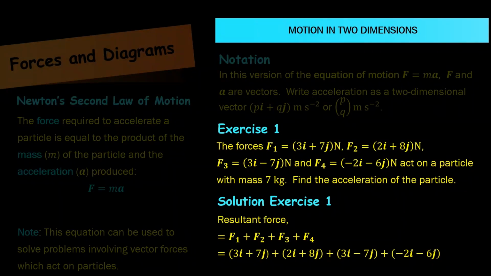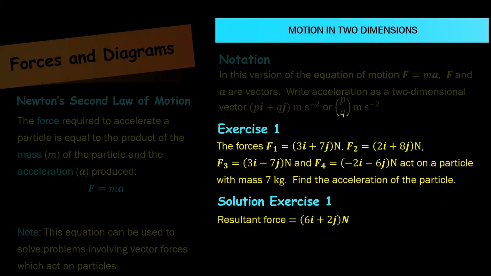The resultant force is equal to F1 plus F2 plus F3 plus F4. So here's F1 plus F2 plus F3 plus F4, which gives (6i plus 2j). Now we know that F equals ma.